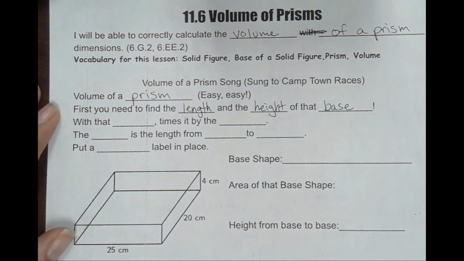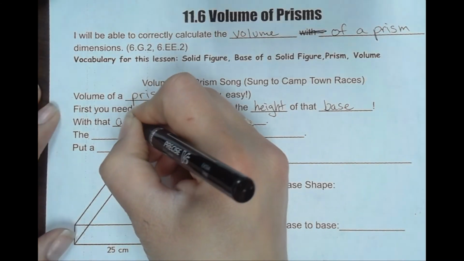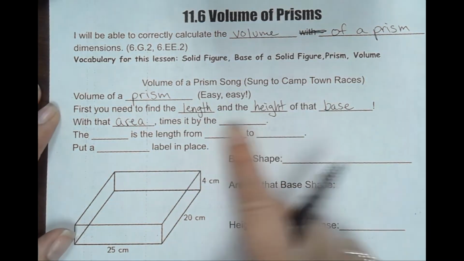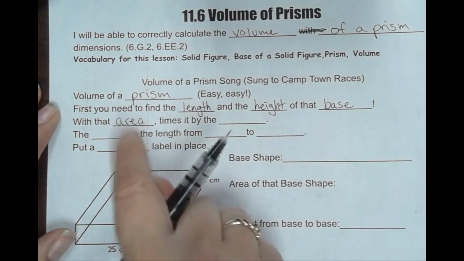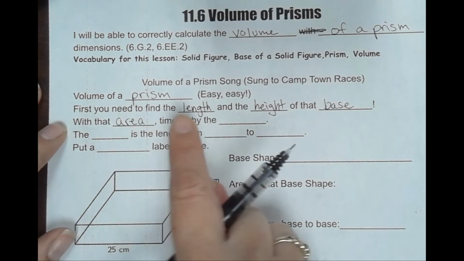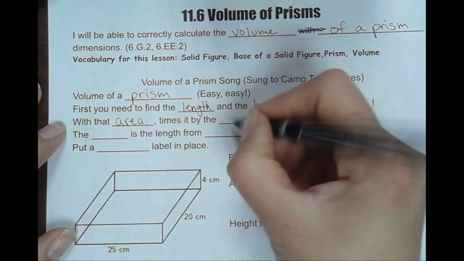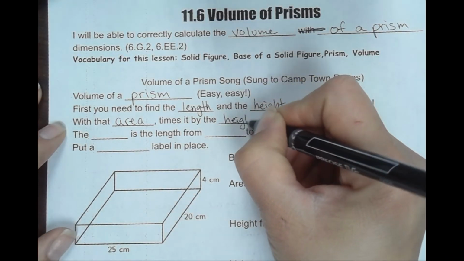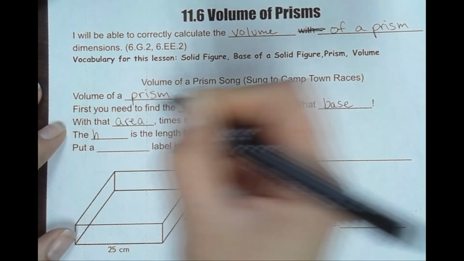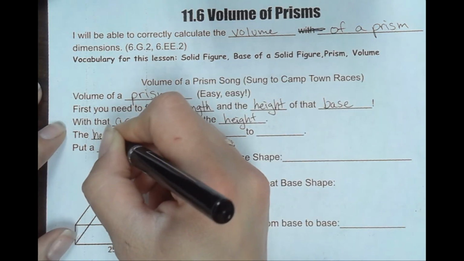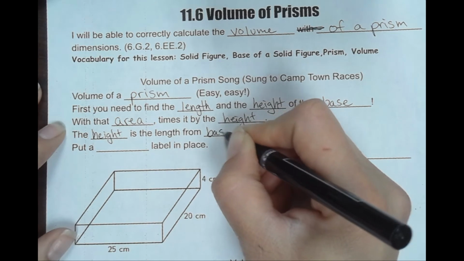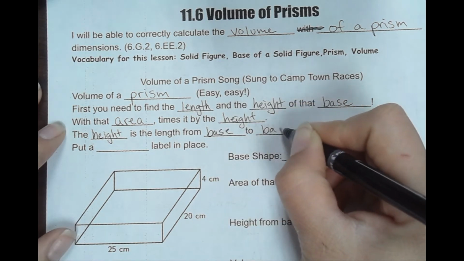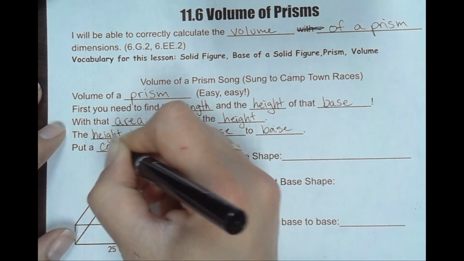With that area, because you're going to find the area, get the area of that base, and then you're going to times it by the height. The height is the length from base to base. Put a correct label in place.